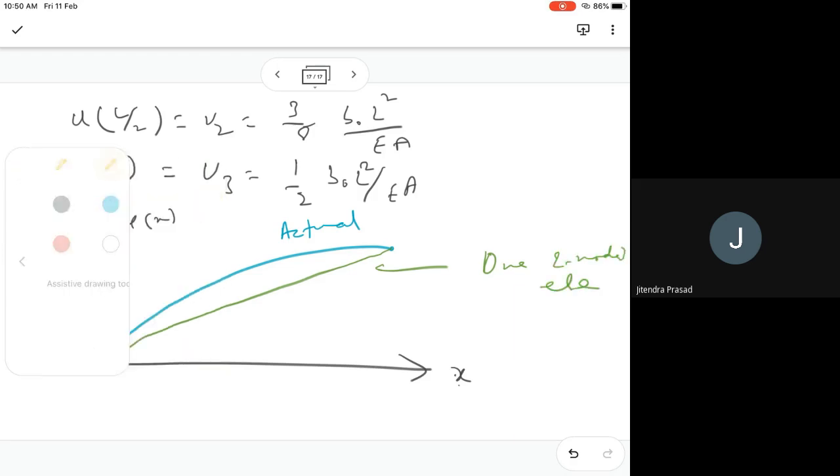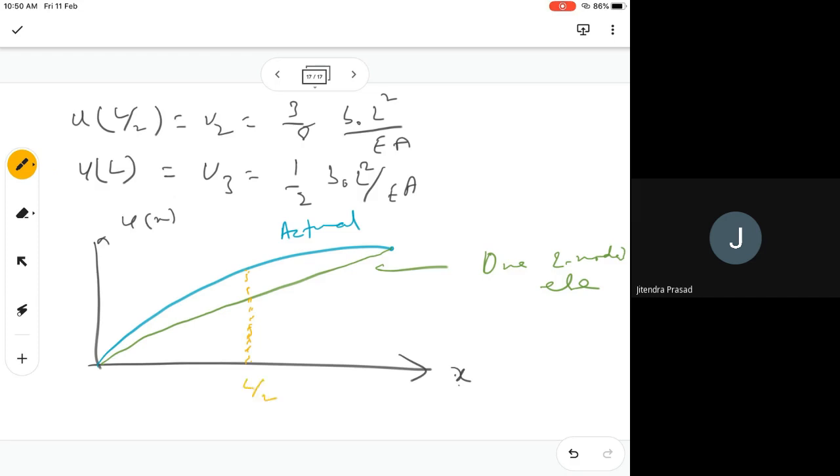Okay, number 3, what we get here, you see. Yeah, so this is L over 2, this is 0, this is L, and we get like this. This is matching exactly. You can see we actually saw this value 3 over 8 B naught L square over EA. The same value we are getting here.